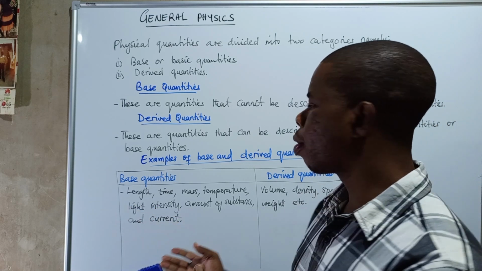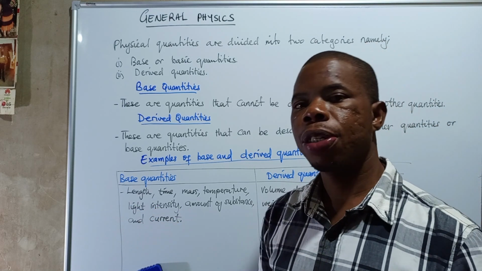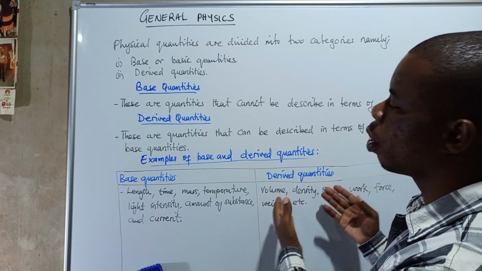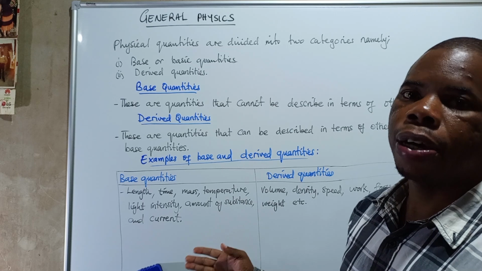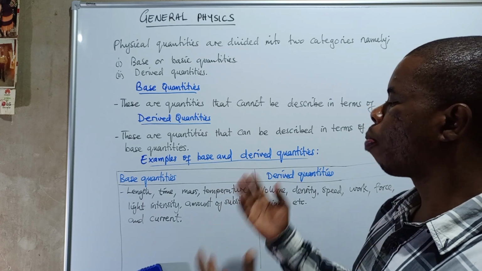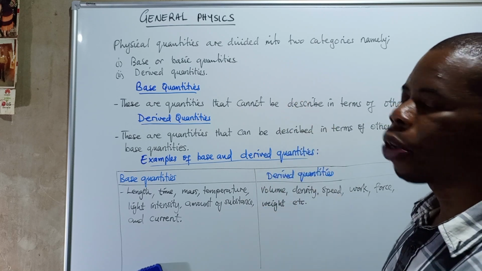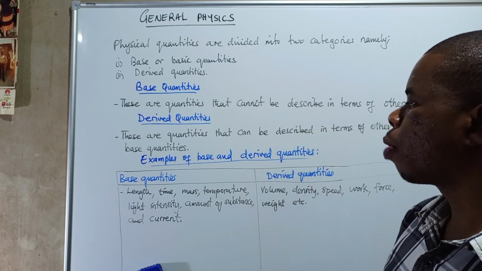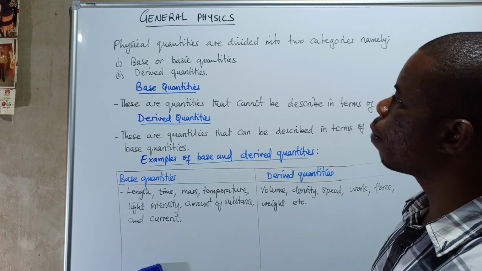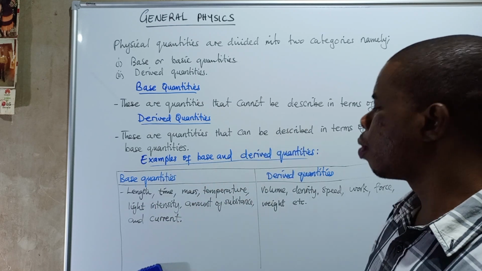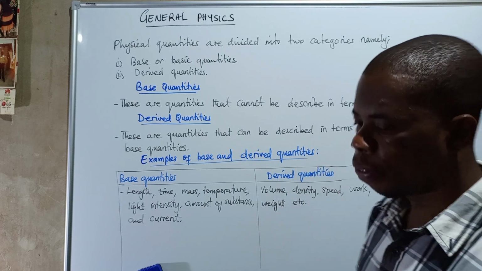Once you understand this, then any other quantity that you come across should fall under derived quantities and not under base or basic quantities. So it is very, very important that you understand these concepts. So in physics, when we are understanding physics, we are actually measuring these quantities.